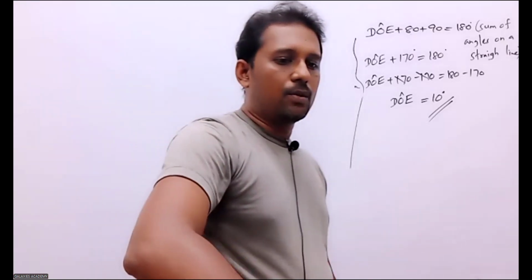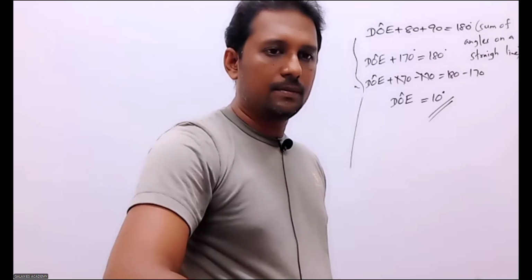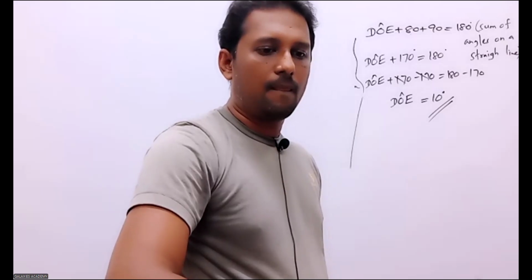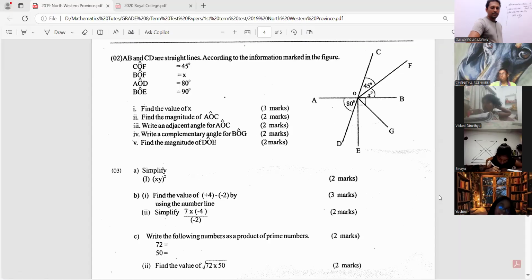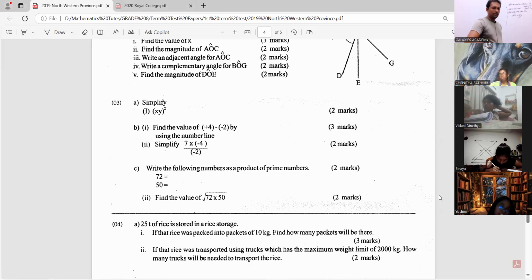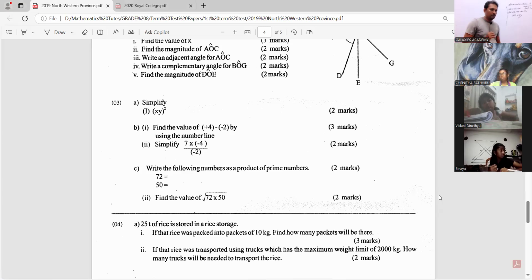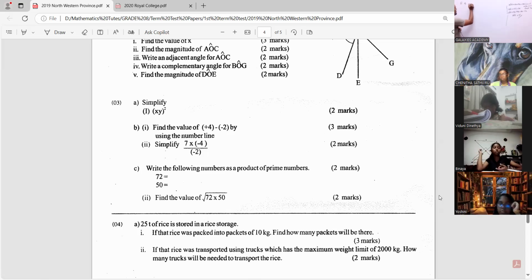Right, now let's go to the third one. Look at the third question, simplify. First part given, xy complete power 2. Right, how can you write this one?